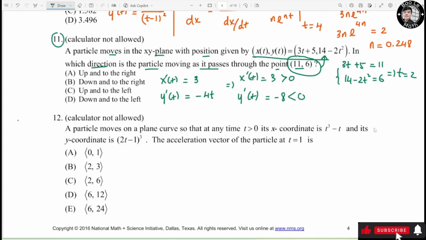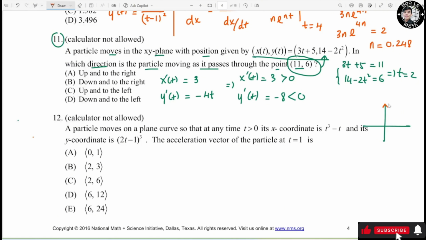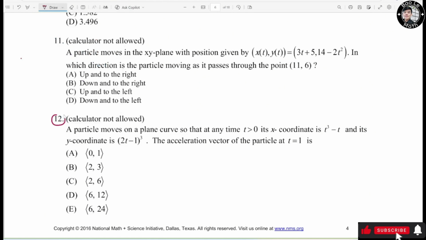Now look at the s and y coordinate right here, right? The y-axis, the s-axis. This guy is positive, this guy is negative, this guy positive, and this guy negative. S prime positive is moved to the right. Y prime is negative is moved down. So the answer must be B. Now let's move on to question 12.